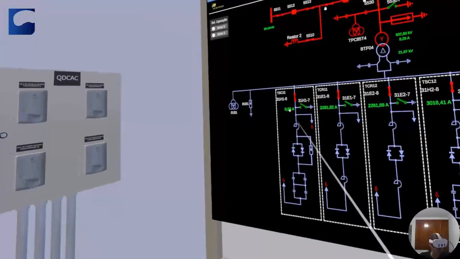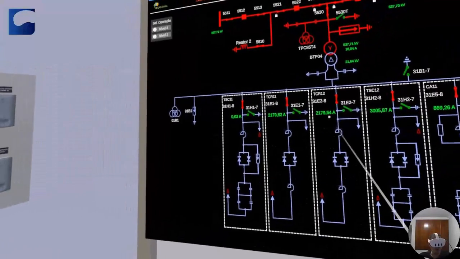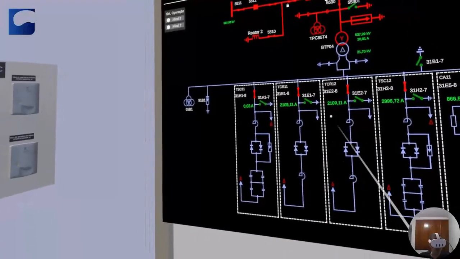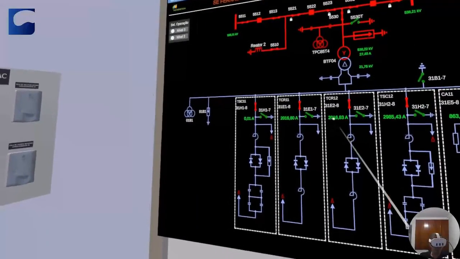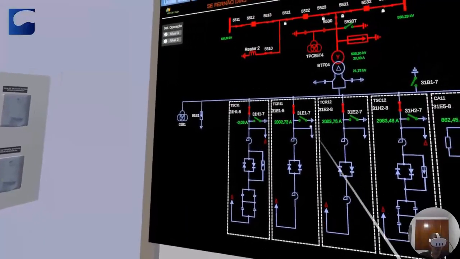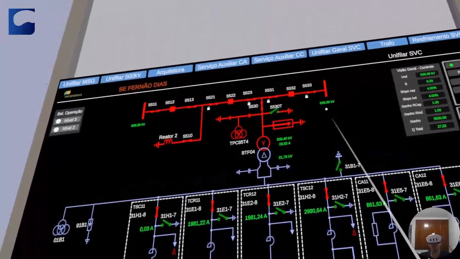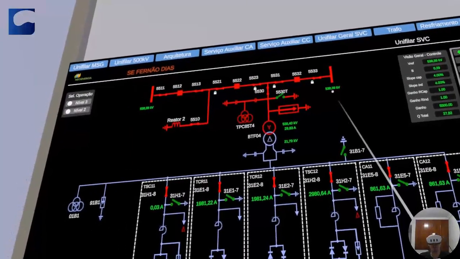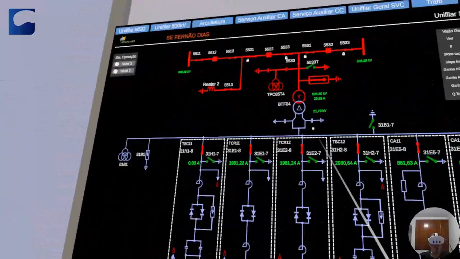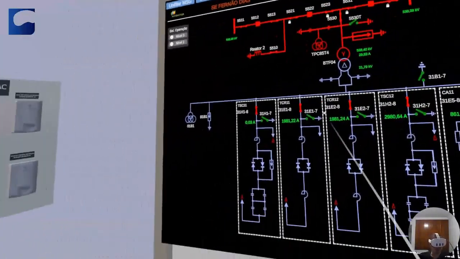Its control removed this capacitor, understood that it wasn't needed. It increased the reactors here, the firing angle of the reactors, and kept this capacitor. And look, it's going up. Little by little now, the voltage to reach 539 is taking steps here. It's settled at 538.39. It's stabilized at that value.